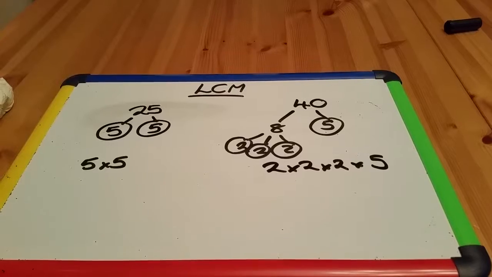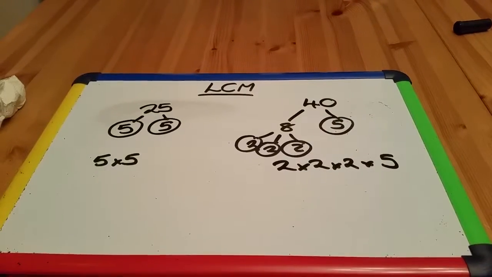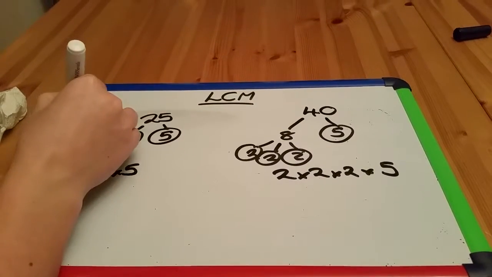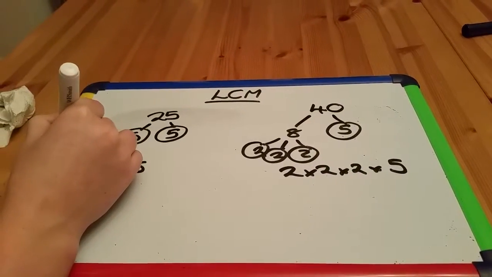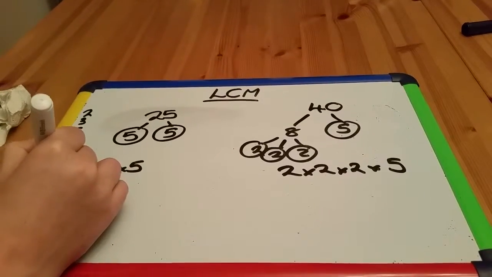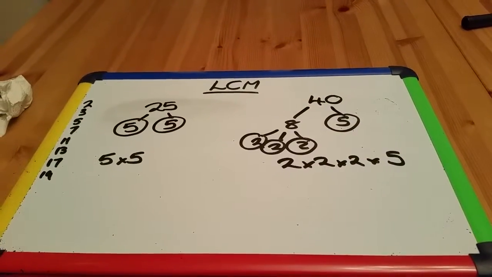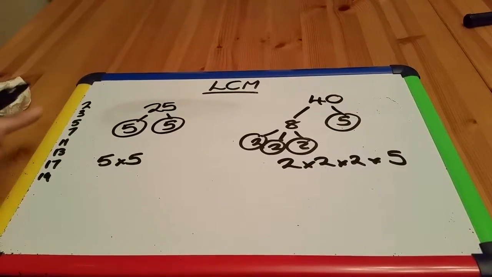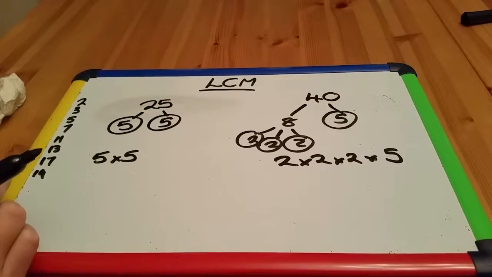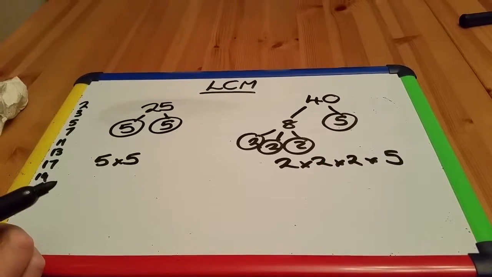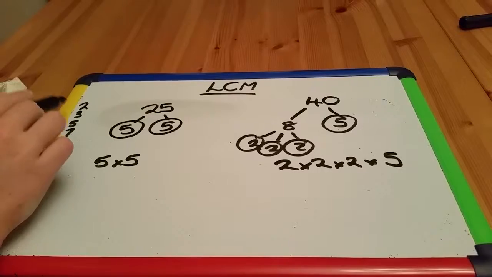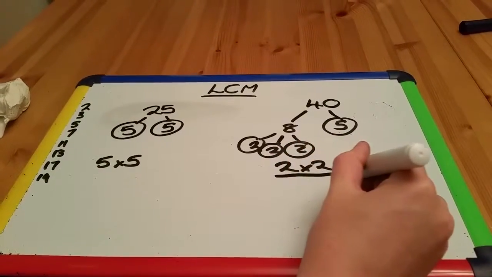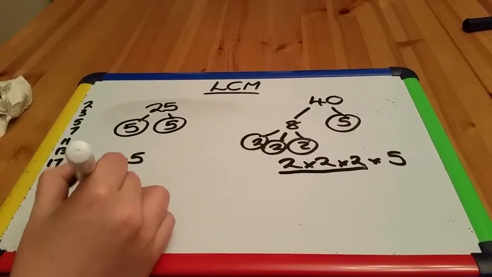For this, what you have to do is you pick out the biggest groups. So my prime factors are 2, 3, 5, 7, 11, 13, 17, 19, and it goes on and on, but you only need to know up to 50. Because I don't have these numbers in both of these sums, I'm just going to stick with these ones for now. So the largest group of 2s, I've got no 2s in here, but I do have 3 2s in here. So I pull out the 3 2s.